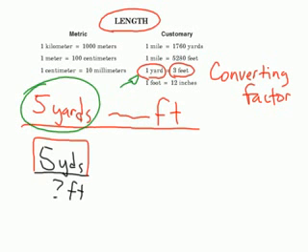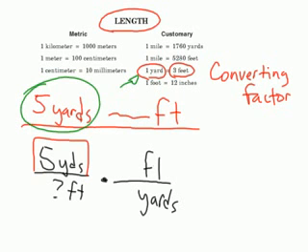Now what you're going to do is put a multiplication sign and another fraction bar. Now I want yards on the bottom and I want feet on top, because ultimately I want to cancel out the yards, and I'm just going to write whatever's on the math chart.